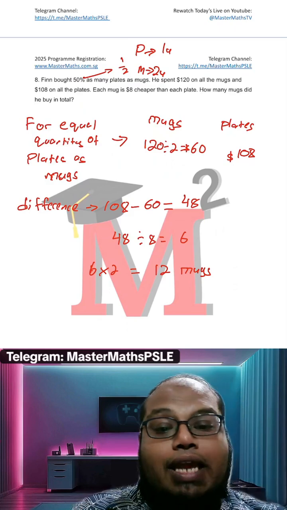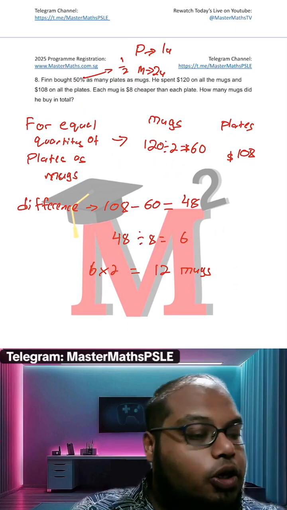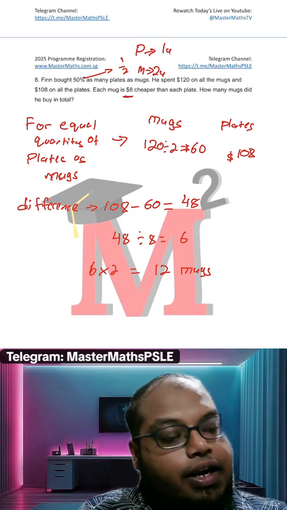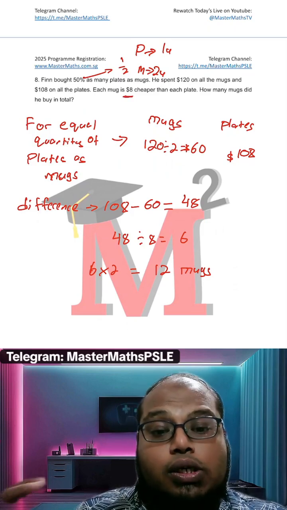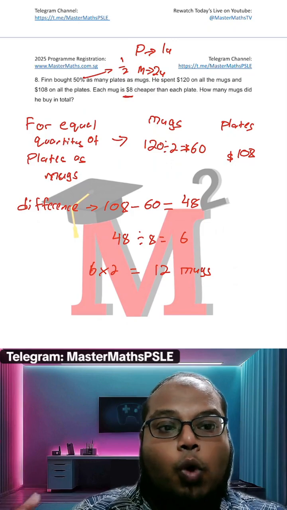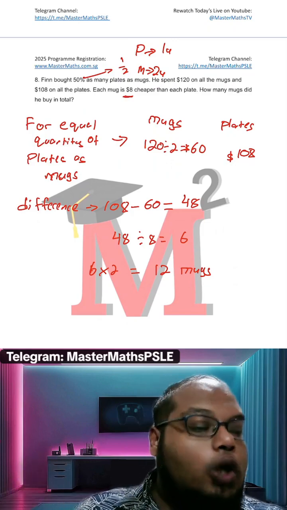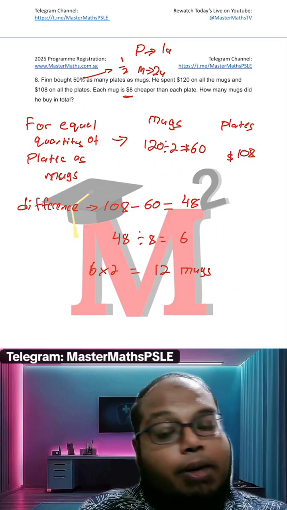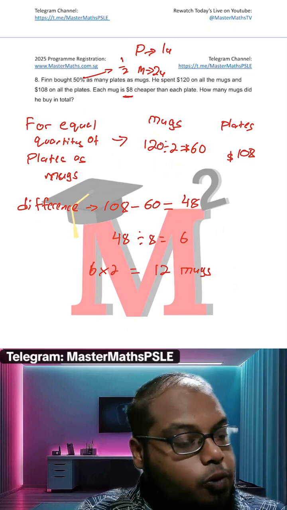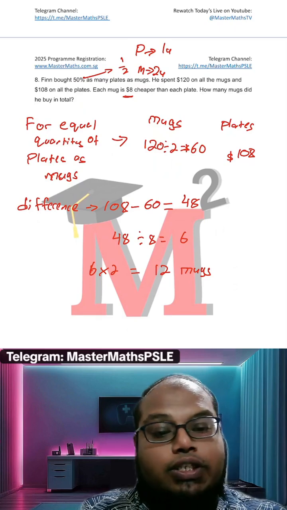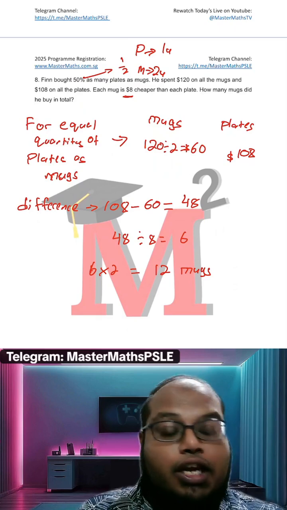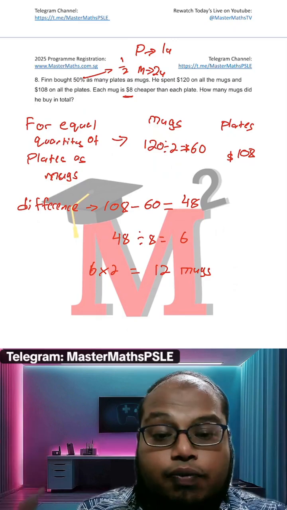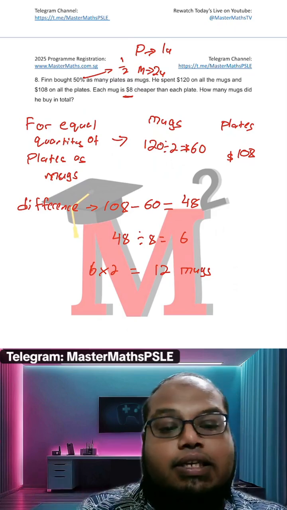Okay, so to make them equal, because you are given comparison in terms of their price, I make equal in terms of quantity, in terms of the cost of that quantity. So what I did here was I took the marks and I divide by 2. 120 divided by 2 is 60, and the plates is 108. So for an equal quantity, the marks will cost $60 and the plates is 108.